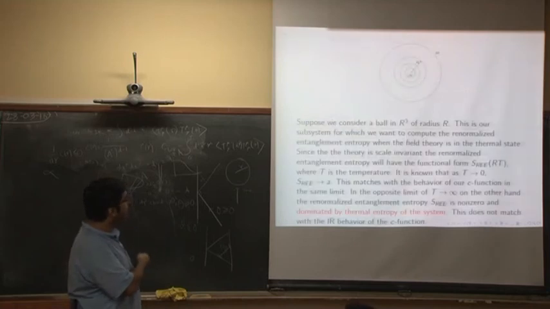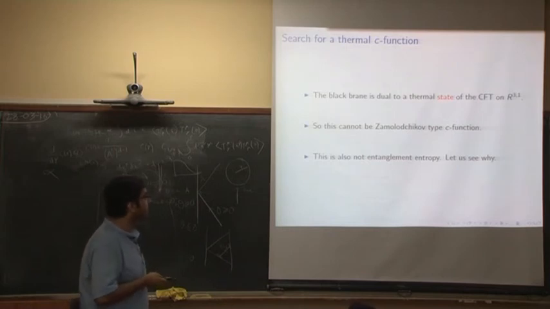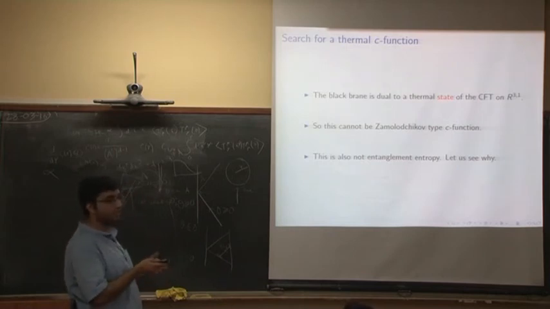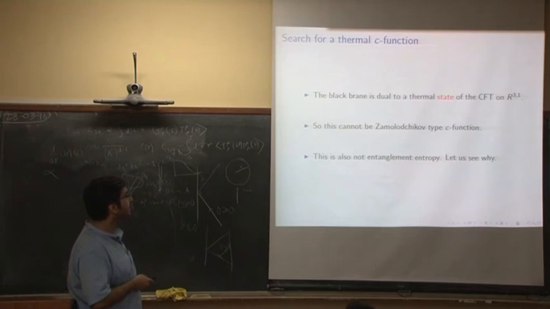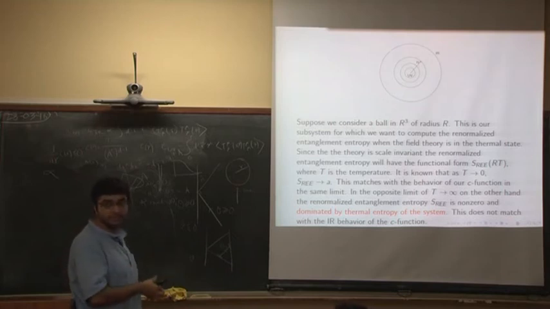Okay, so let's just go to this. Now quantum information theory actually gives us some hope that one can indeed define this thing. The thing that it cannot be is, for example, the entanglement entropy of the finite temperature state.